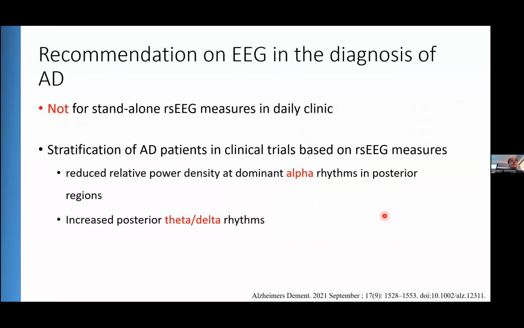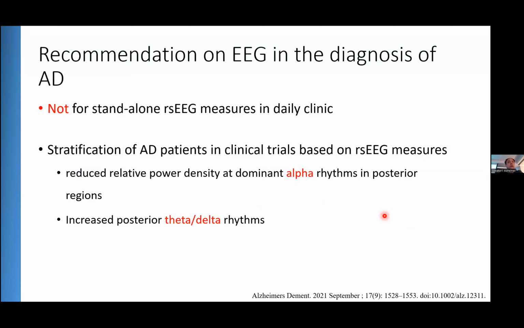Regardless that it is a bit difficult and we need more studies, a year and a half ago a recommendation on EEG in the diagnosis of Alzheimer dementia was published, and at the moment the resting state EEG cannot be used as a standalone measure in daily clinic.